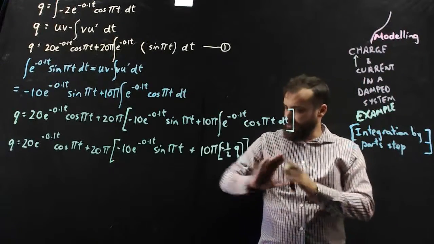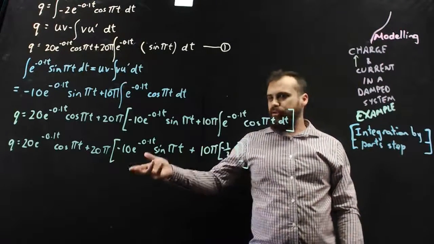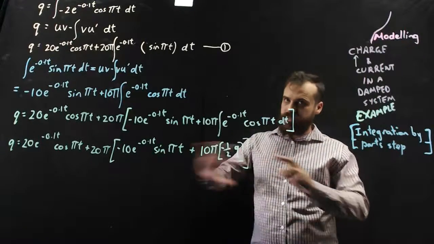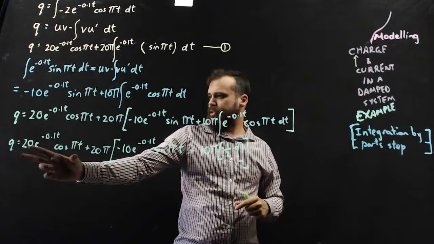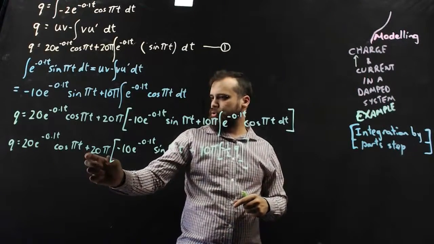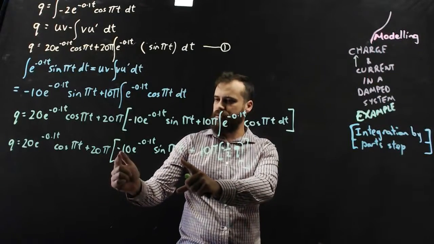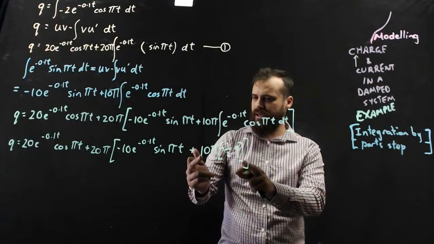Okay, from here, we need to solve this for q, or make q the subject. So we've got a q here, a q here. There's no more integrals left, so really it's just a matter of rearranging. Now we've got all of this to begin with. That can stay where it is. We've got plus 20 times this, so it's going to be 20 pi times all of that, and 20 pi times all of that.